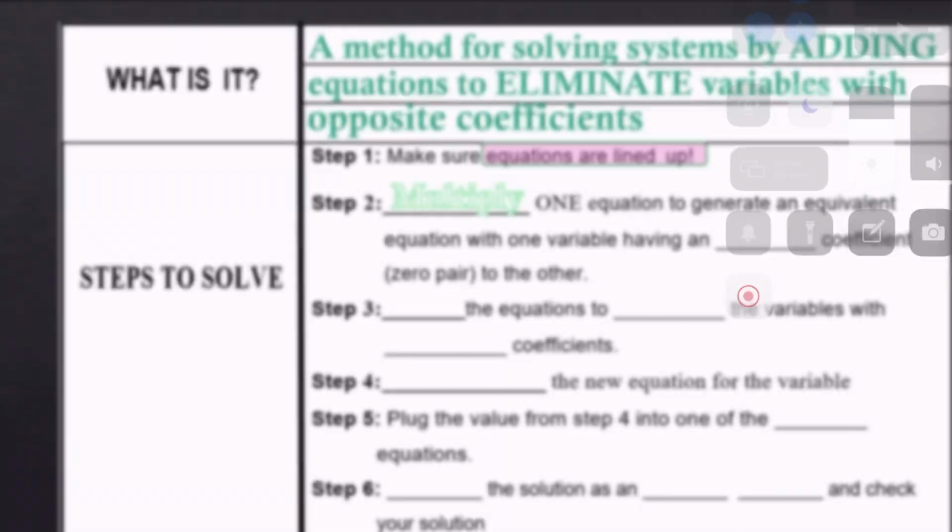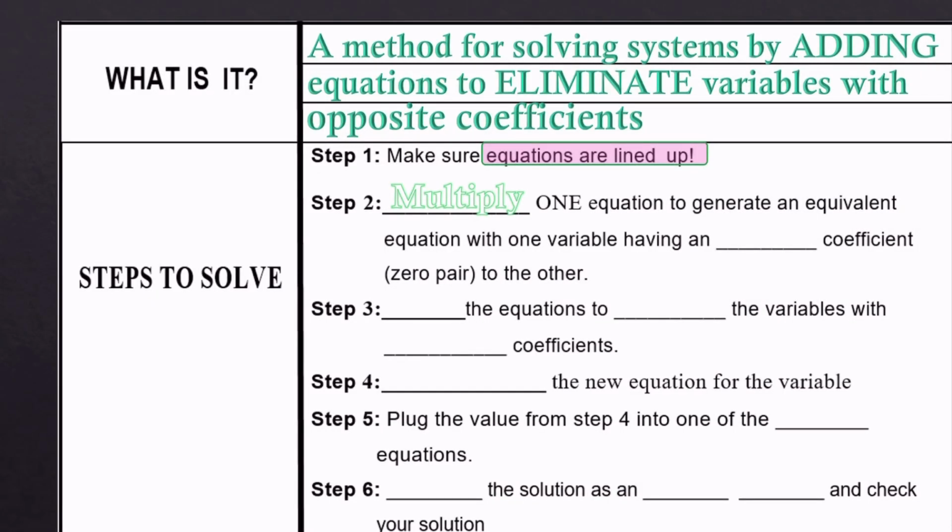So what I want you to do right now is write "1 or both." It just depends upon the problem. So we might have to multiply one or both equations to generate an equivalent one. We're going to be creating a new one that has one variable with an opposite coefficient. Another way to consider the opposite coefficients is a zero pair.